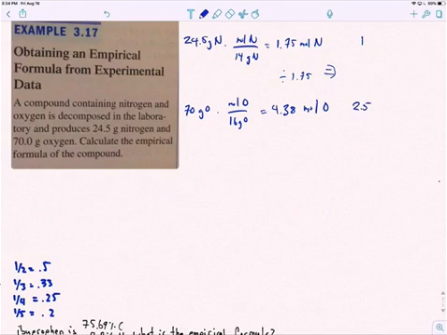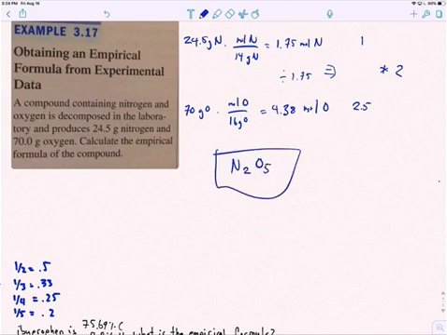Okay, so now you're like, okay, good, I'm at nitrogen 1, oxygen 2.5. That is also wrong. You can't do that because you're still at 2.5. So what do you do? You multiply it by 2, and now you get a ratio of N2O5. And that is the right answer. So you can stop there. You have the empirical formula there.